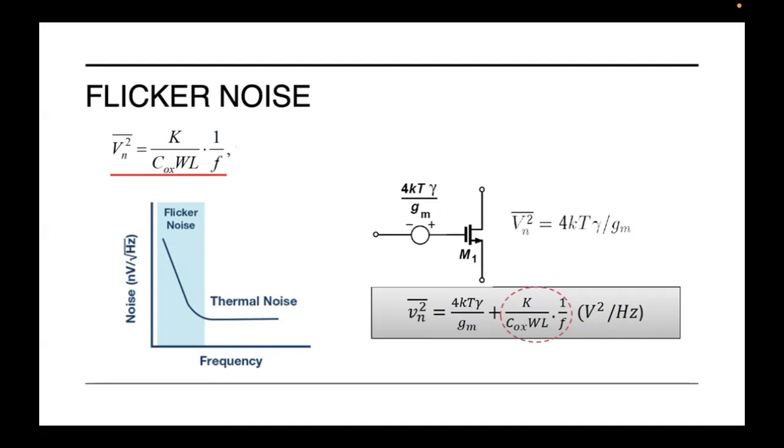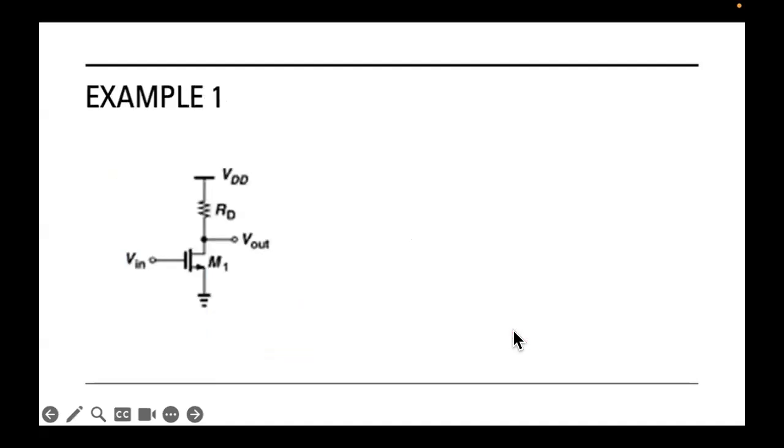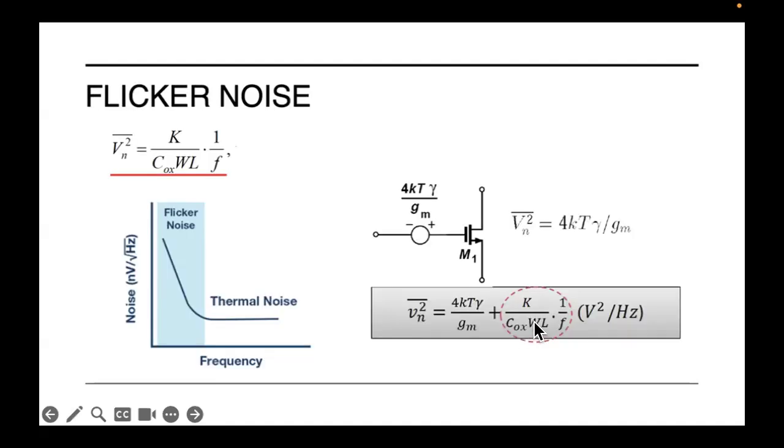And now we can make a direct summation with the flicker voltage as K over C oxide WL times 1 over F. And of course, our unit is V square over Hertz. So this is simply how we can determine the equivalent noise on the input terminal of your device.